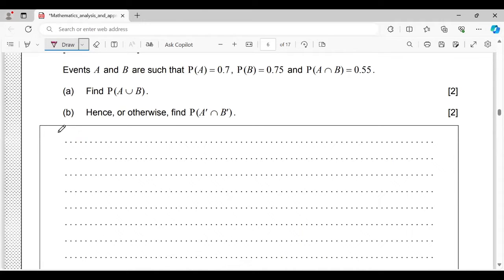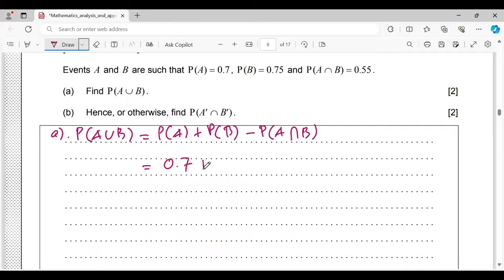Find probability of A union B. The formula is probability of A plus probability of B minus probability of A intersection B, and it is 0.7 plus 0.75 minus 0.55. It is 0.9.